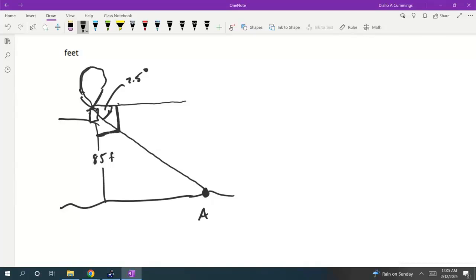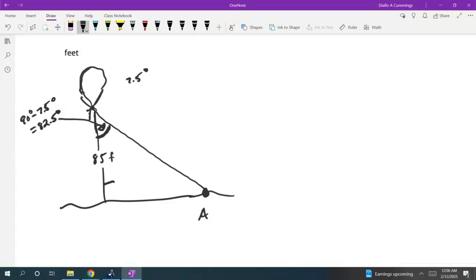This angle would give us 90 degrees minus 7.5 degrees, which is 82.5 degrees. So this is our, I'm going to clean this up. This is our reference angle, 82.5 degrees.